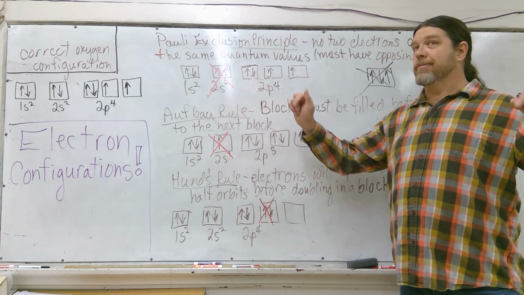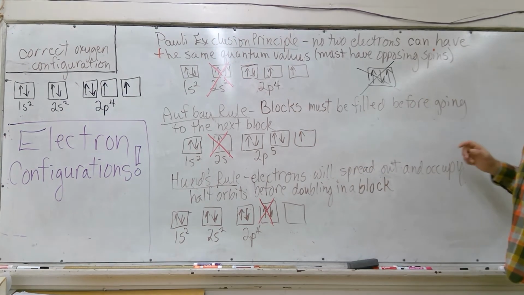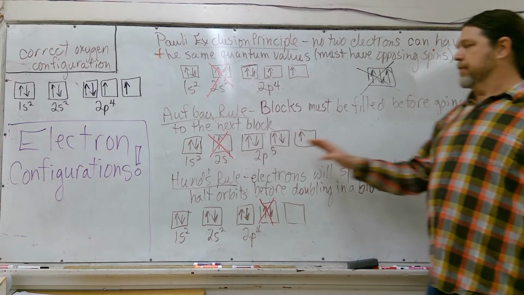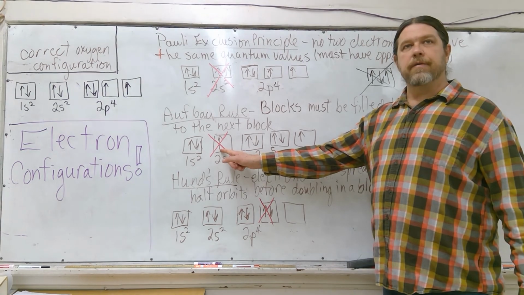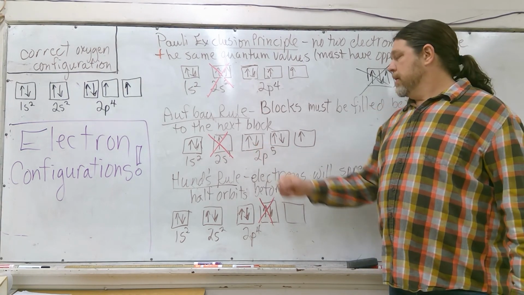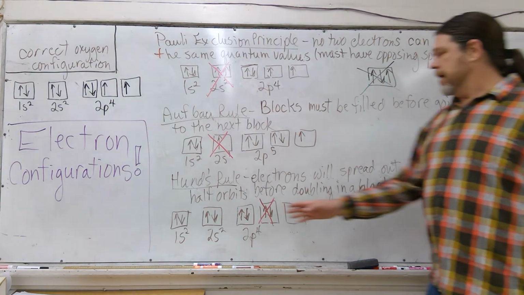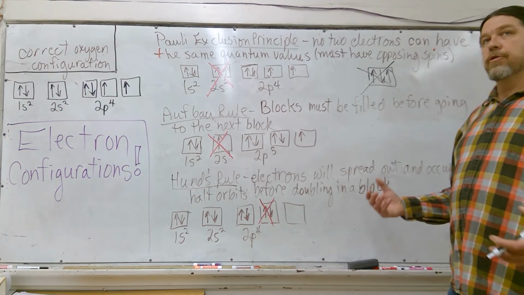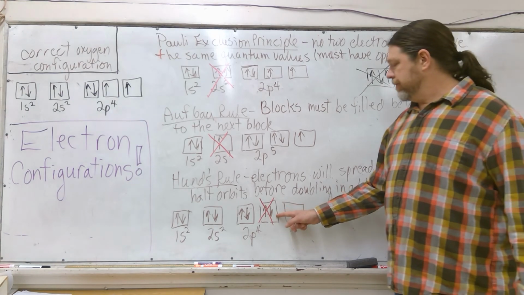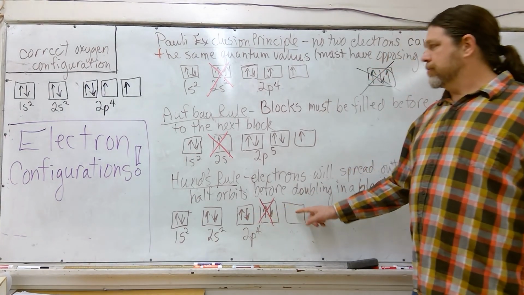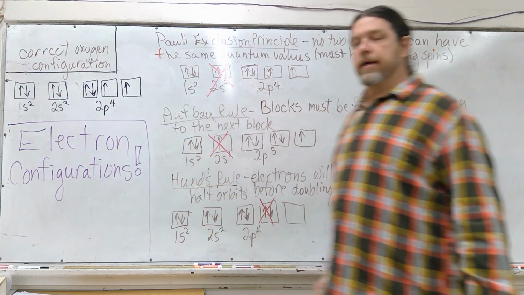They can't both be ups or downs. The Aufbau rule: blocks must be filled before proceeding to the next block. See how this S block was not filled. And then Hund's rule, which tells us that electrons will spread out in a block to different orbitals, half filling the orbitals before fully filling them. As we can see, this was wrong and this is correct.